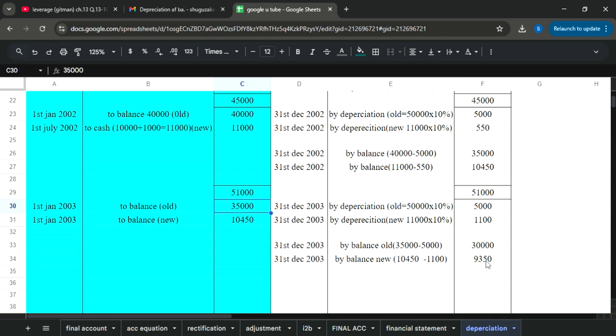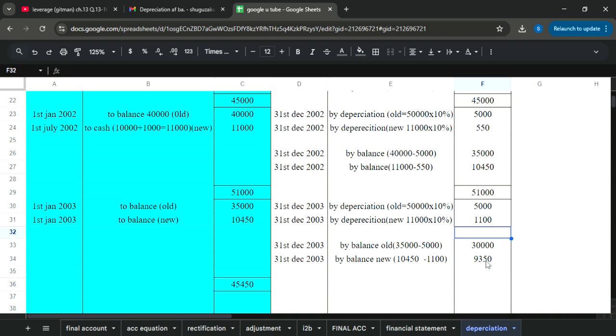Over here, we are now going to write our final total, and here there are two amounts, 35,000 and 10,450. Total is here.